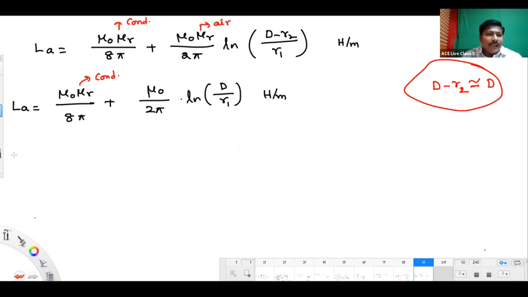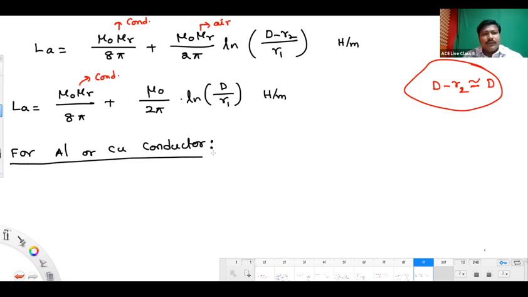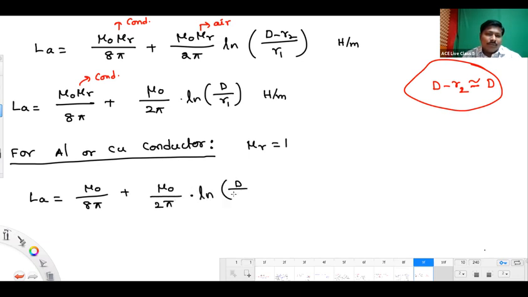For aluminum or copper conductors, relative permeability is equal to 1. Therefore, LA will come to be mu naught by 8 pi plus mu naught by 2 pi into natural logarithm D by R1 in terms of Henry by meter.